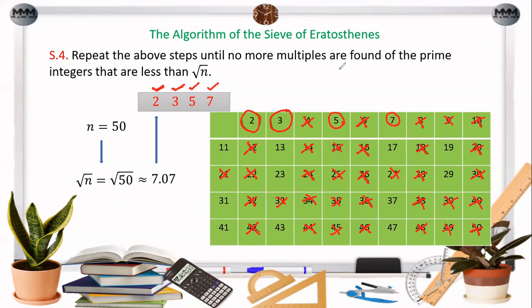So here, we have the numbers that are not crossed out. After 7, we will be encircling all the numbers that have not yet been crossed out.